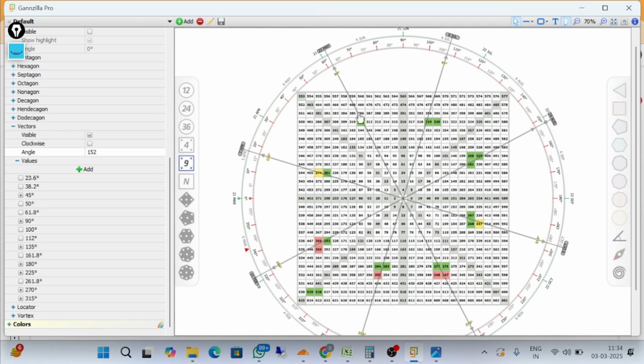And after that, 386 and 385, both I can consider. Here I can consider 393 also, 394 and 395. These three numbers might be reversal numbers. And again here 405, 406 and 407, I'll consider these three numbers.